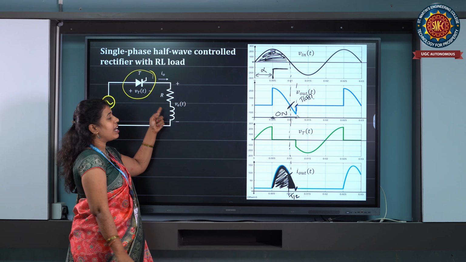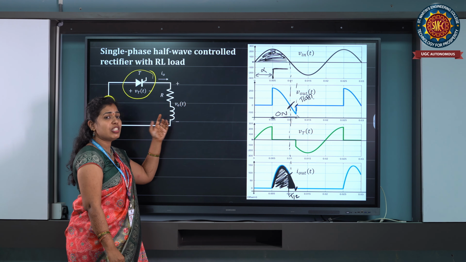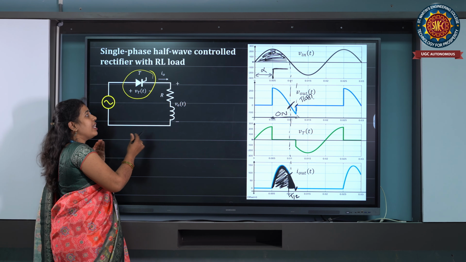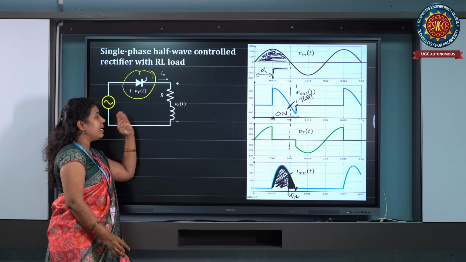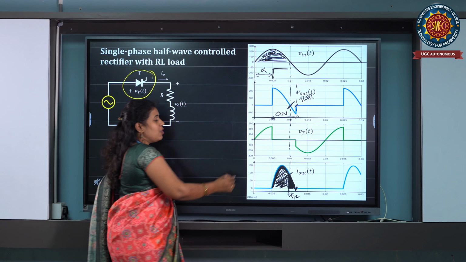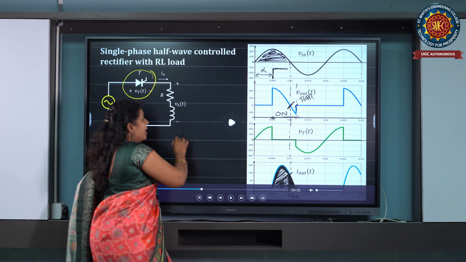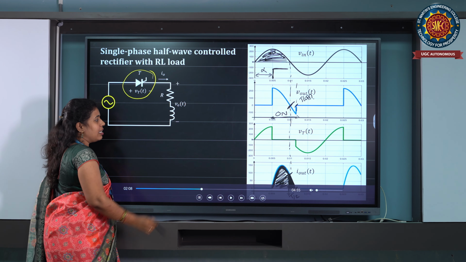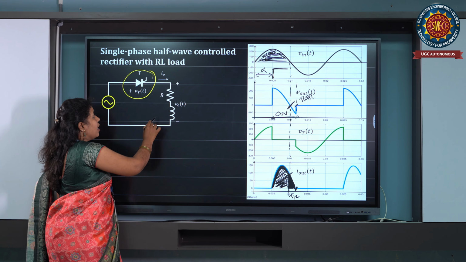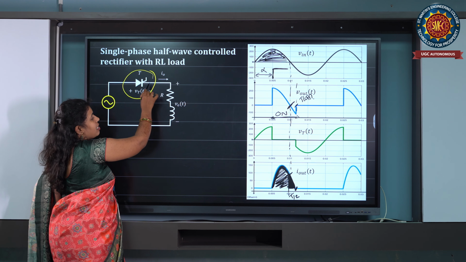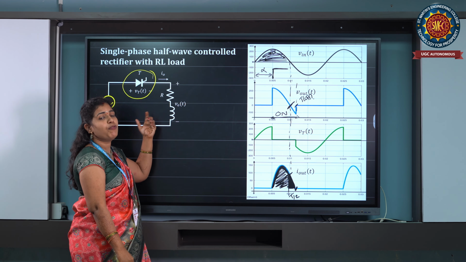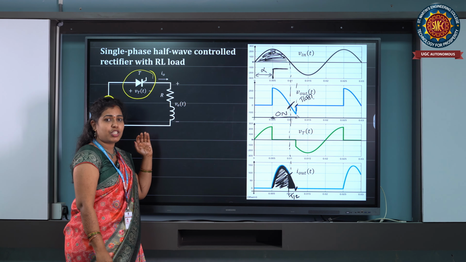So at the time of conduction of the thyristor, the inductor stores some energy, and that energy starts releasing when the supply is disconnected from the load, that is from pi. So at pi, the inductor starts discharging by changing its direction through the supply to the thyristor and again to the load. At that time the thyristor will forcefully get into the conduction mode.